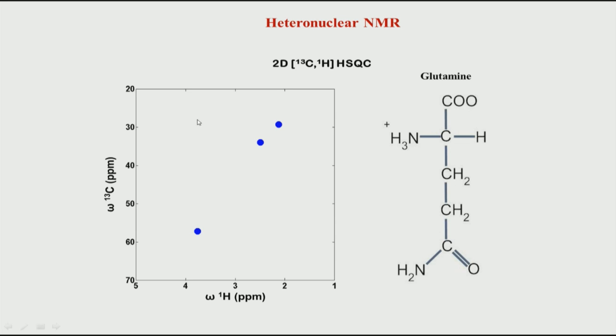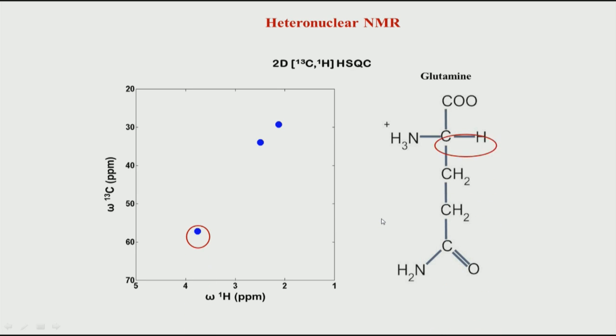So, now let us understand how this spectrum can be interpreted. On the y axis is the carbon chemical shift, as you can see from the values, and on the x axis is the chemical shift of hydrogen. We are only looking at CH systems. We only have 3 such systems and therefore there are 3 peaks here.